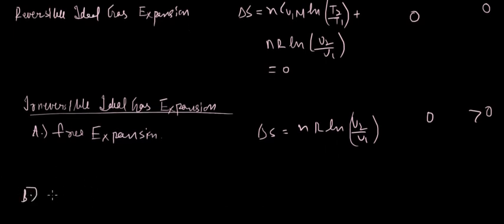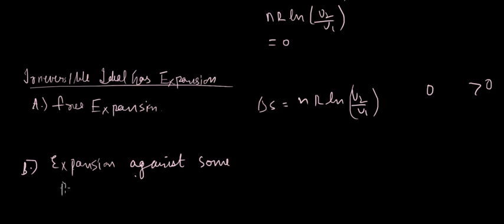If we take another part in this, that is expansion against some pressure. Okay, so here P external would not be equal to 0, unlike in the free expansion case.